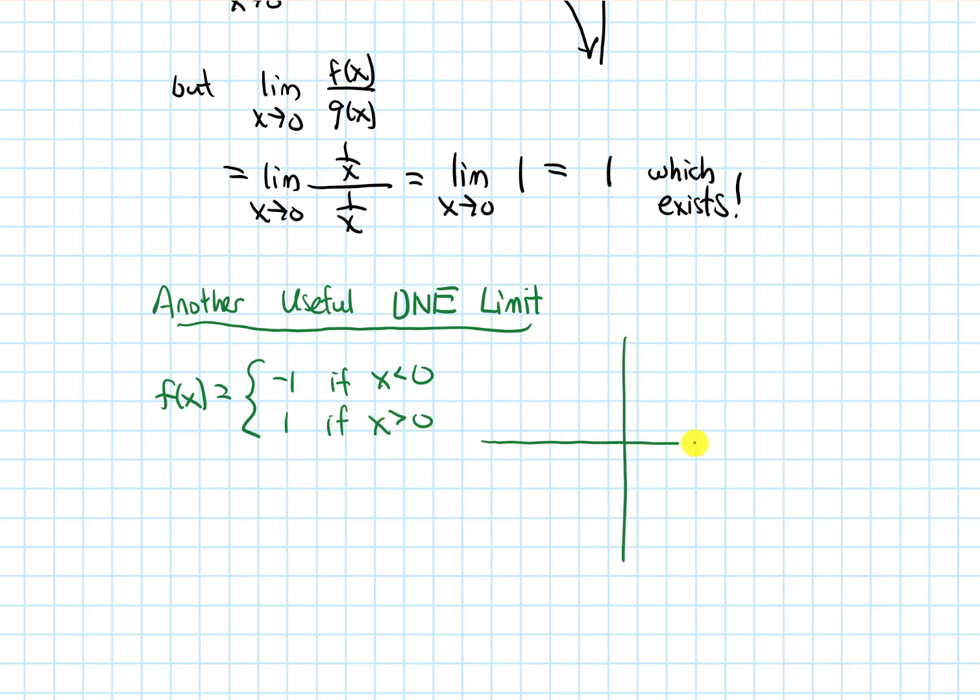So if I draw my axes, this function has a y value of -1 if x is less than 0. That is on this side. And then this is not defined when x is 0, so I should put a hole here. And then I'll put a tick mark at +1. And my function is +1 if x is bigger than 0. That is on this side. And then a hole here again, because it's not defined when x equals 0. So this is just for reference. Sometimes in true-false questions, this function can be useful.